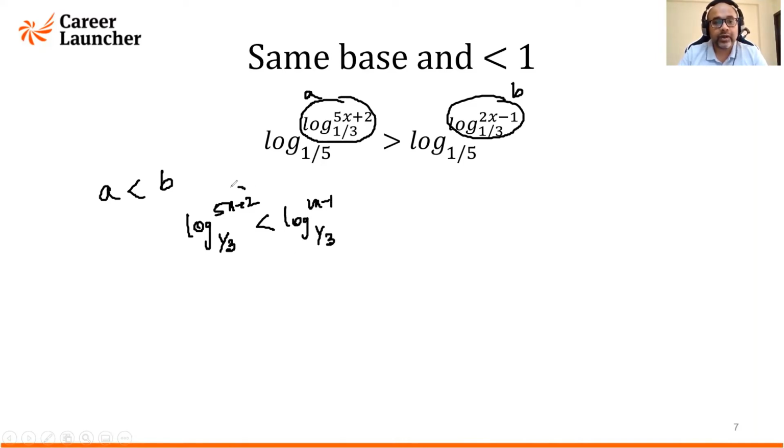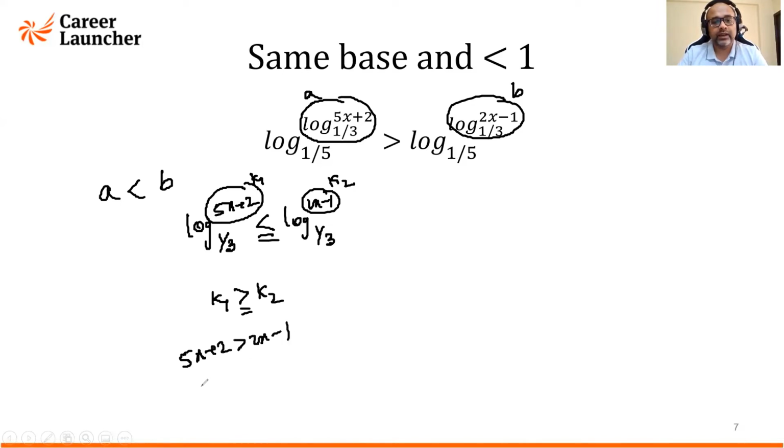Now, once again, when you're comparing, this is your K1, this is your K2. Because the bases are less than 1, your K1 is supposed to be opposite in sign to this. So if this is less than, then this will become greater than. So you will have 5x plus 2 greater than 2x minus 1, and this gives you 3x greater than minus 3 or x greater than minus 1.